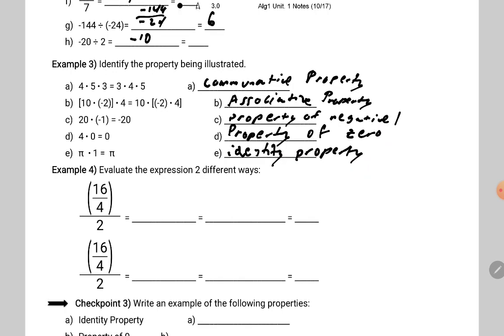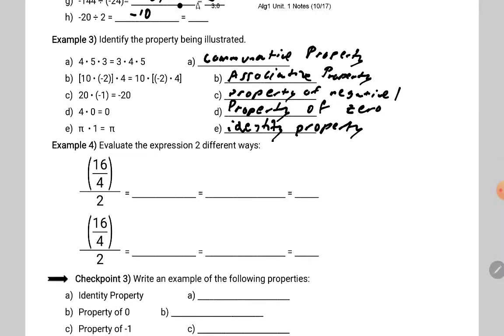So example 4, evaluate the expression in 2 different ways. Okay. So first thing we can do is we can write it like 2 fractions. So 16 divided by 4 divided by 2.